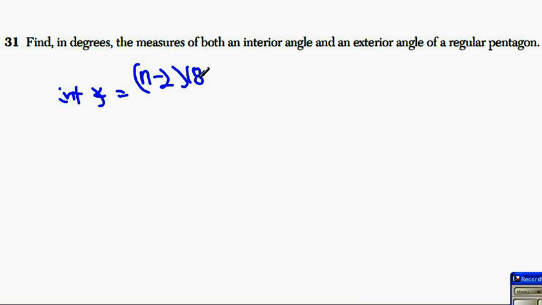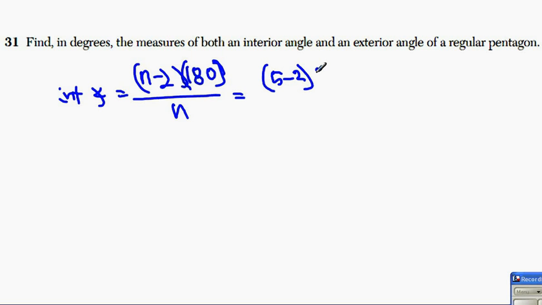Both interior and exterior angles of the regular pentagon. How do you find the interior angles of a regular polygon? It is n minus 2 times 180. That gets you the sum of the angles, but we have to divide by n, and then we get the measure of an interior angle. So we have 5 minus 2 times 180 divided by 5.